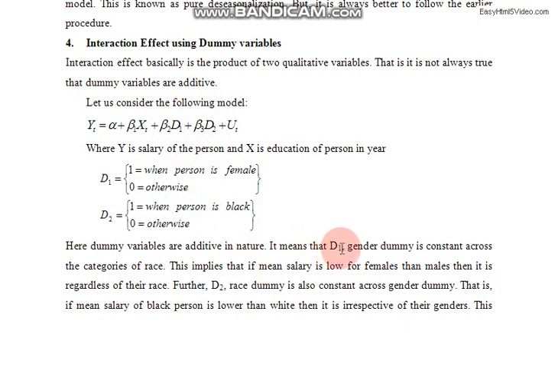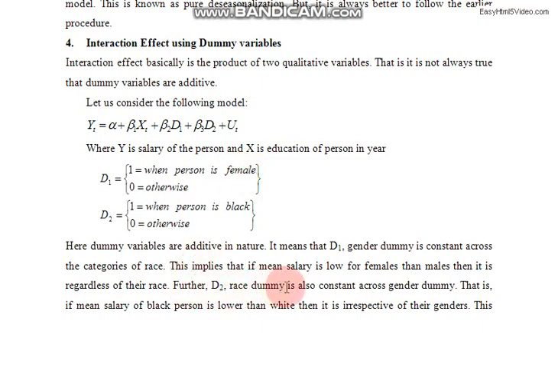It means D1, the gender dummy, which is associated with male or female, is constant across the categories of race. If the mean salary of a female person is less than that of a male person, it is irrespective of whether that person is black or white.